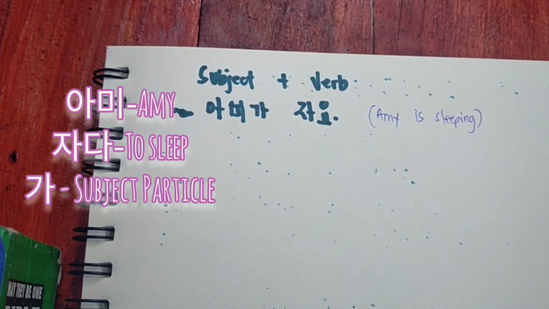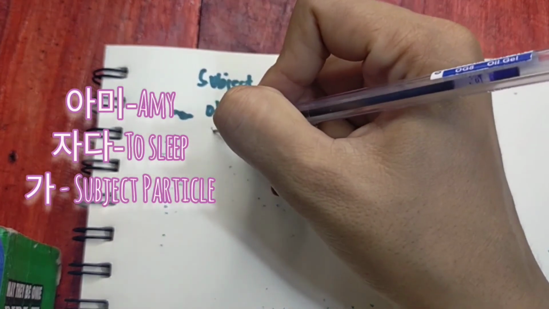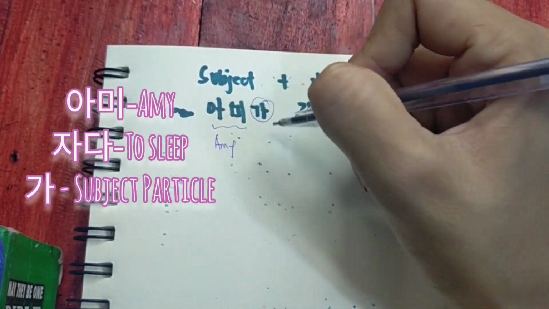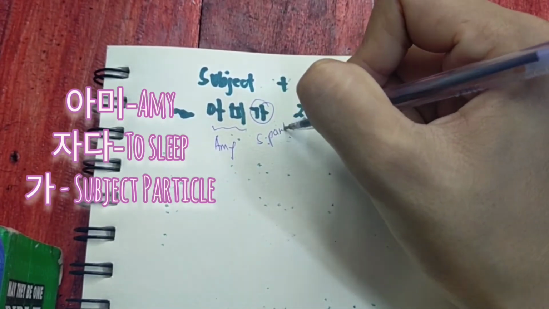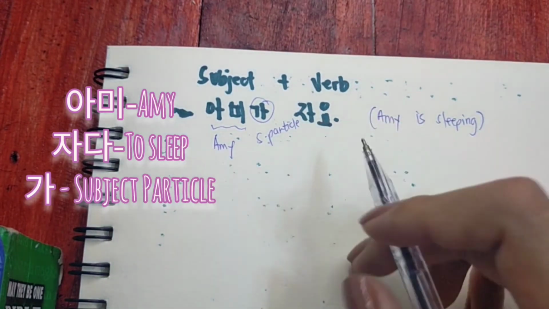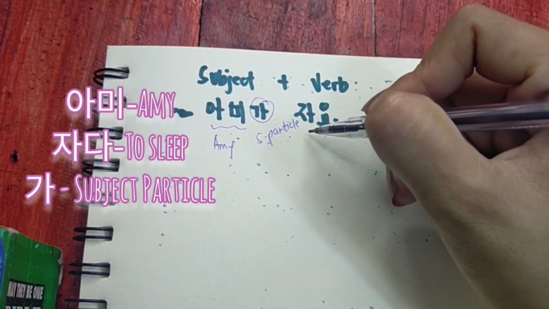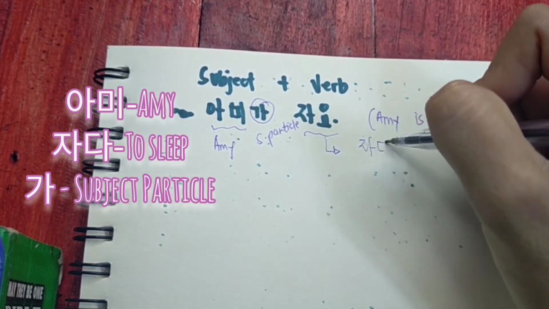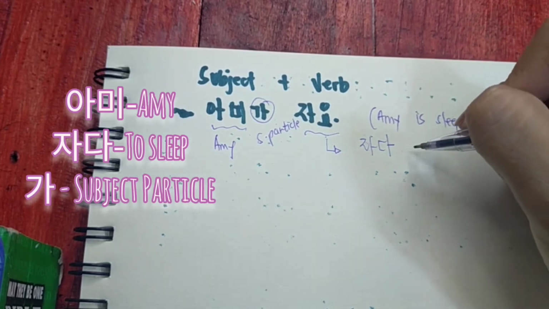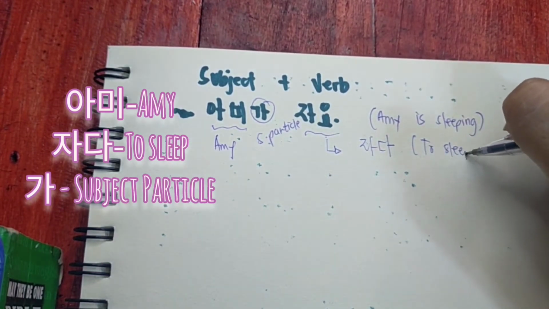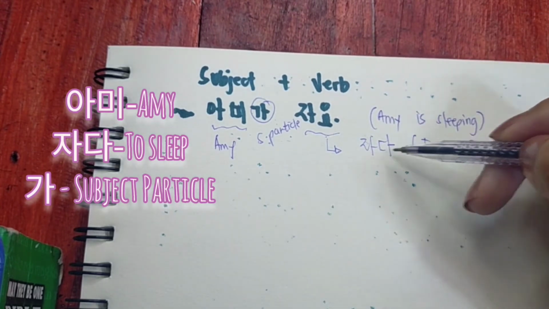Ami is the subject. Ga, subject particle. Jayo, from the verb jada. Jada means to sleep. Jada is a dictionary form.